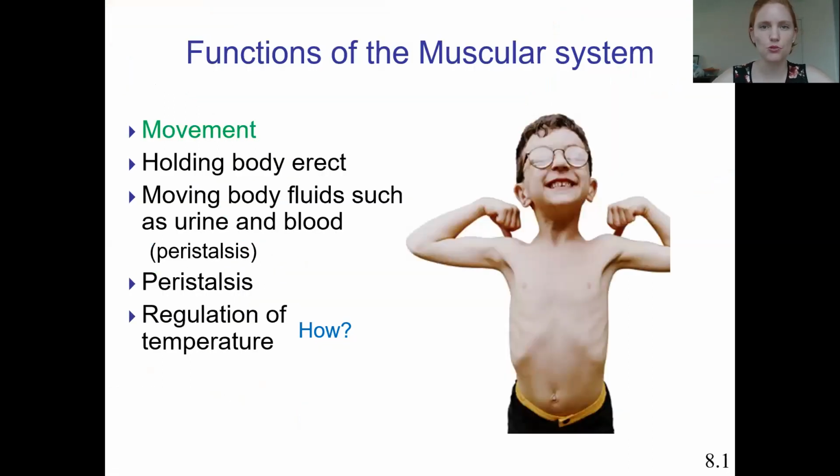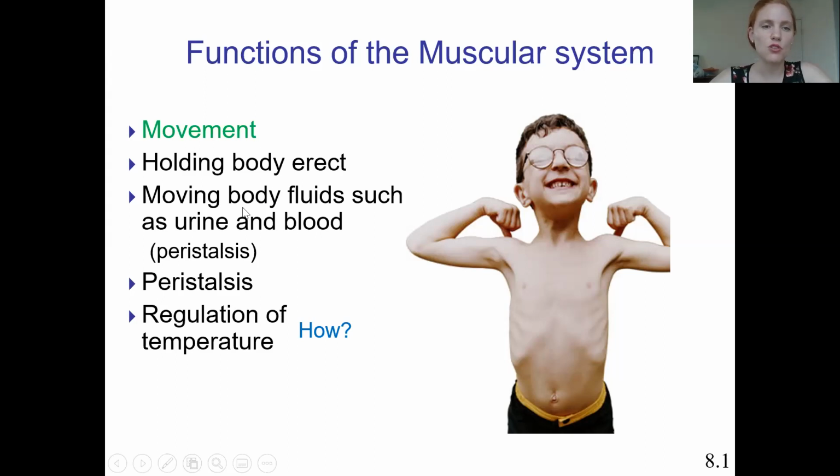So let's start with the general functions of the muscular system. Mostly it's just for movement. All muscle tissues contract. Contract means to shorten, and that generates movement within the body. Usually we think about movement of the whole organism structure, so that's generally called locomotion.